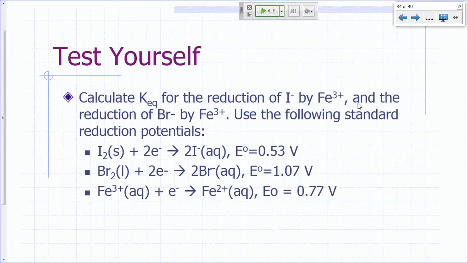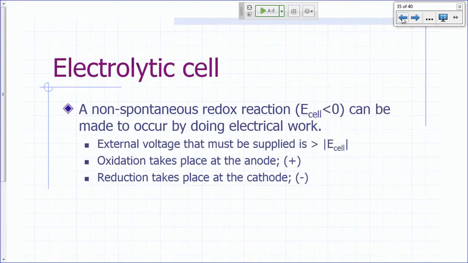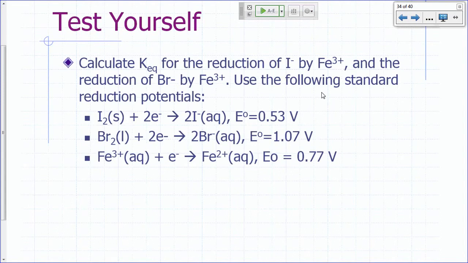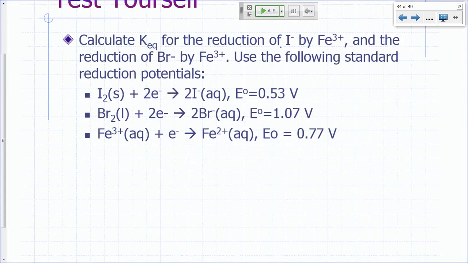So let's do some calculations. Let's calculate the KEQ for the reduction of iodide by ferric ions, and then we do the same thing for the reduction of bromide by ferric ions. So if I want to reduce iodide, what should I do?